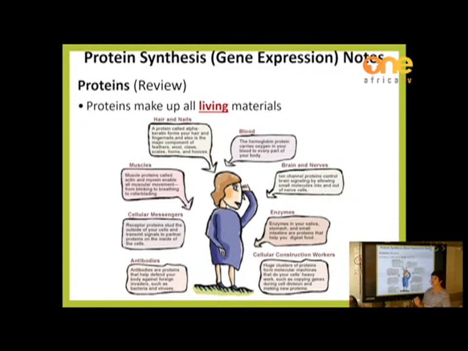We need proteins because it makes up living material. We know blood contains hemoglobin. The brain needs the channel proteins in order to get the brain signaling small molecules to enter the nerve cells.